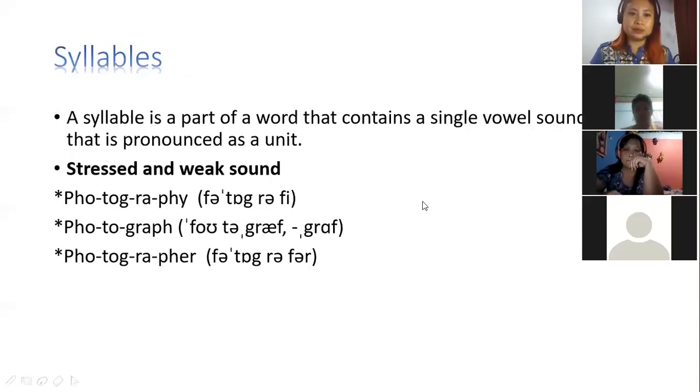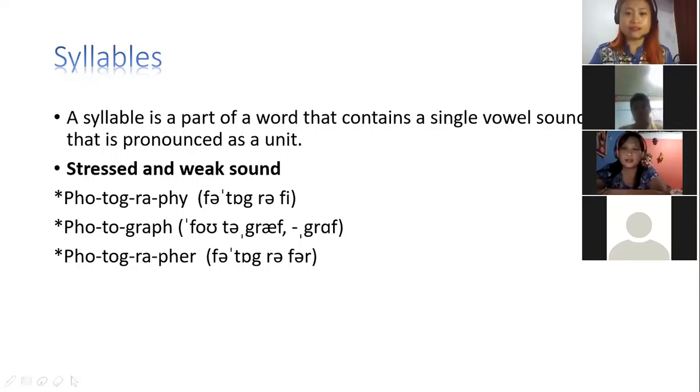Okay, syllable or syllables. Can you read this for me, Regina? Syllables. A syllable is a part of a word that contains a single vowel sound that is pronounced as a unit. A syllable is a part of a word that contains a single vowel. Vowel.